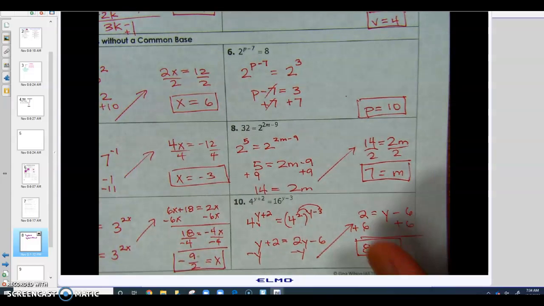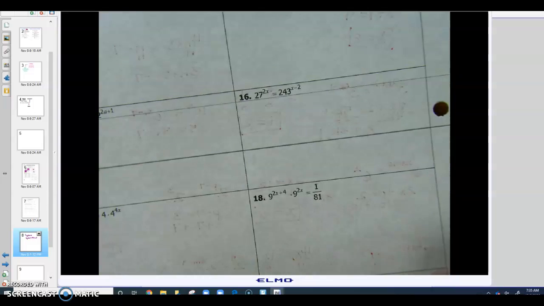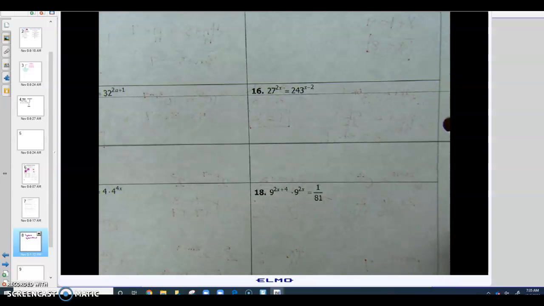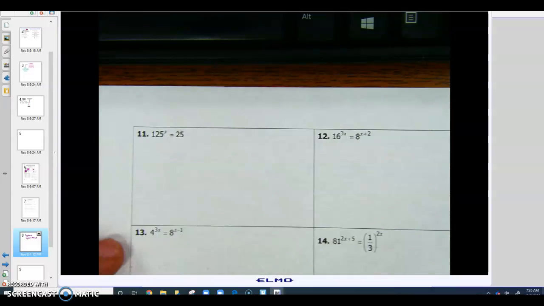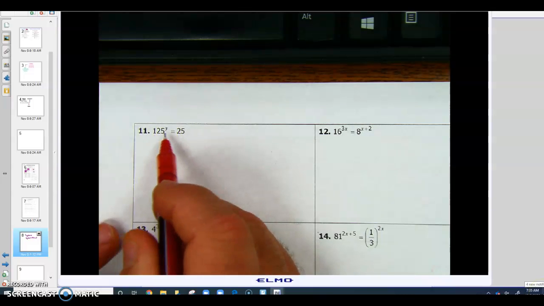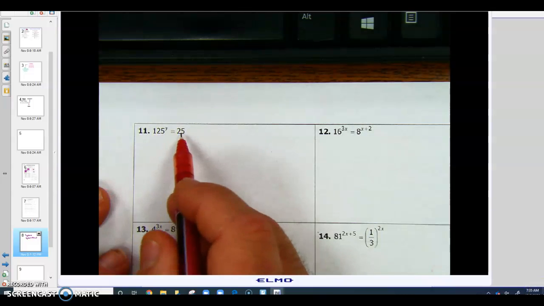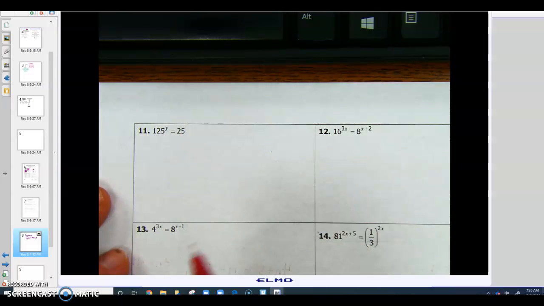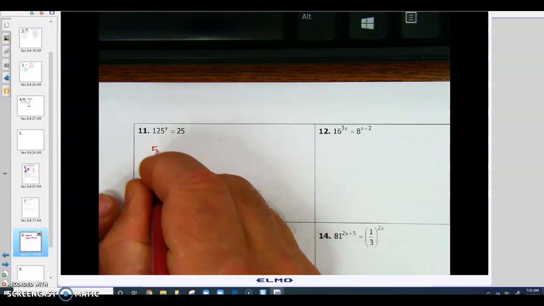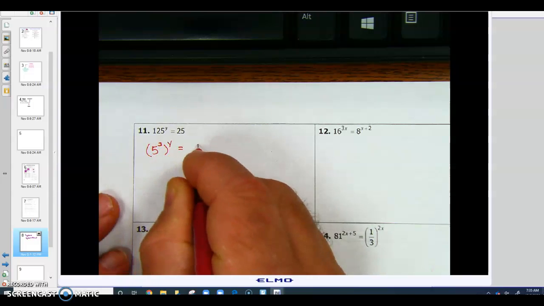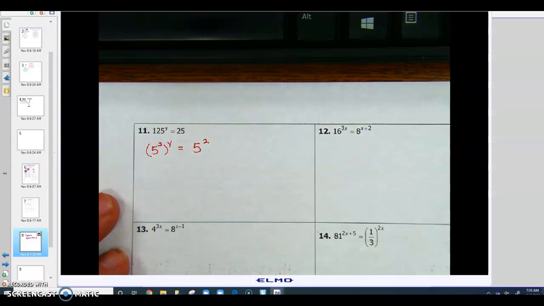All right, guys, I'm going to flip it over real quick. The only thing they're going to do on the back here is both of these bases have to be changed here because I can't do base 25 over here with 125. That doesn't work, but I can do 5 to the third to the y power equals 5 to the second.